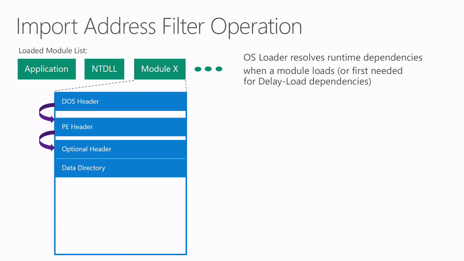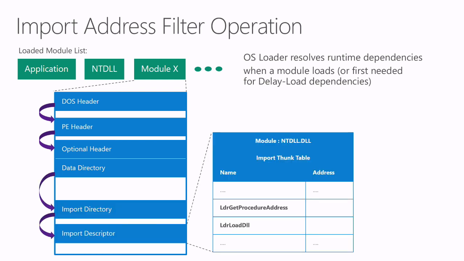The loader will fix up your dependencies by finding out, oh, you depend on, let's say, LoadLibrary. In your import descriptor, you have an entry that says, I need some APIs from NTDLL. Please go and find them for me as part of loading me and fill them in this table. Once you've filled them in, the code can then just use these addresses to call the APIs.